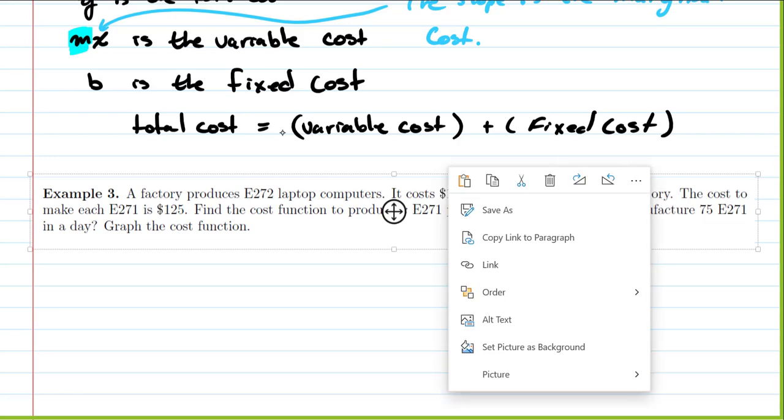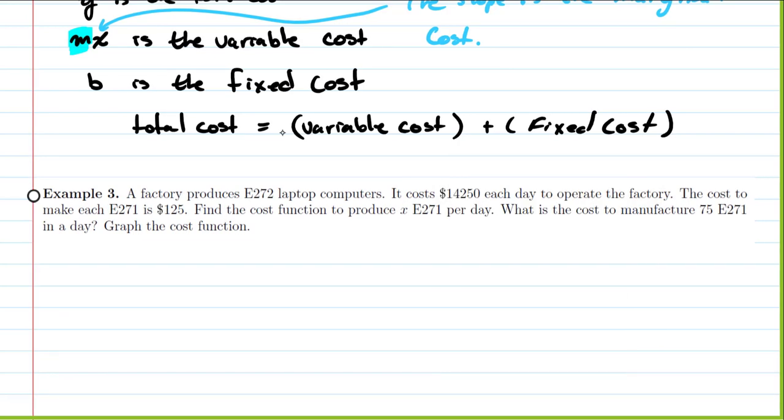A factory produces E271 laptop computers, and it costs $14,250 each day to operate the factory. The cost to make each E271 is $125. Find the cost function to produce x E271s per day. What is the cost to manufacture 75 E271s?